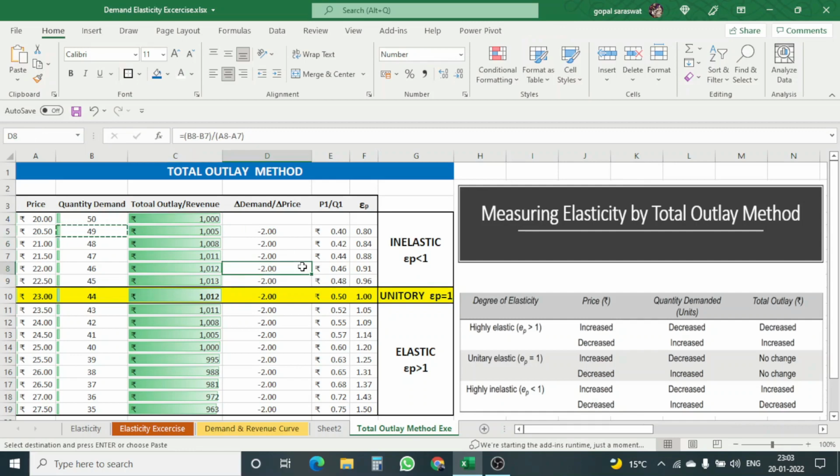So, from this exercise, we are able to identify that the method proposed by Marshall, the total outlay method, is very true and justified when it comes to real world economic data or real world settings. So this is what the total outlay method gives you as a relationship between price, quantity demand and total outlay.